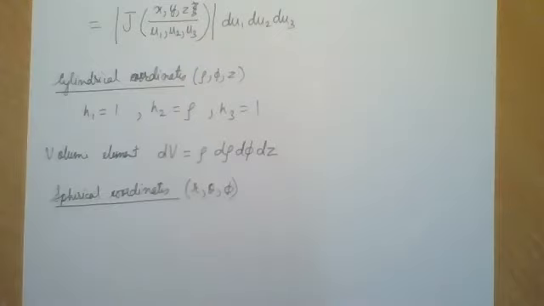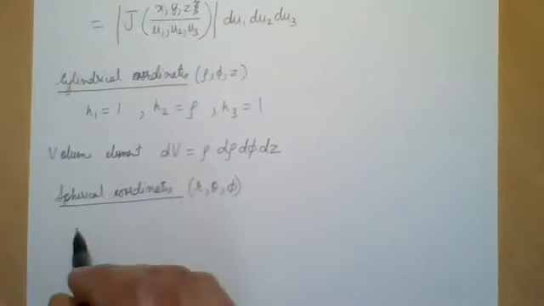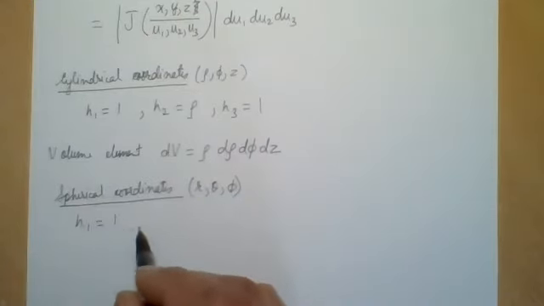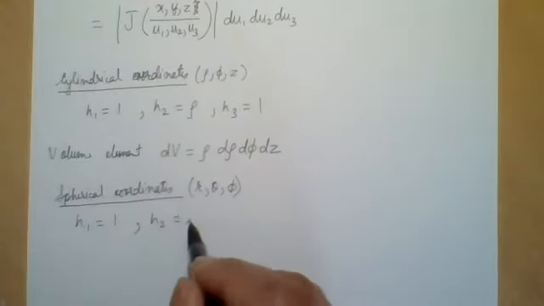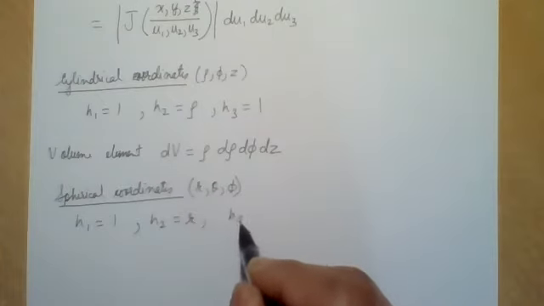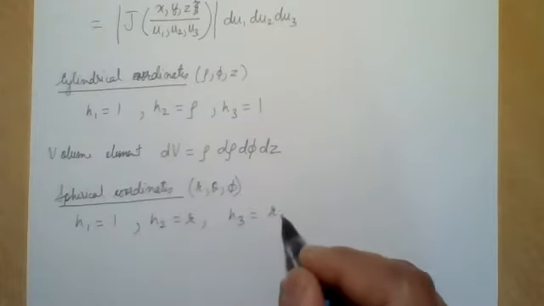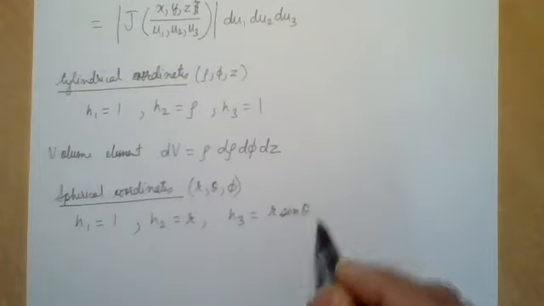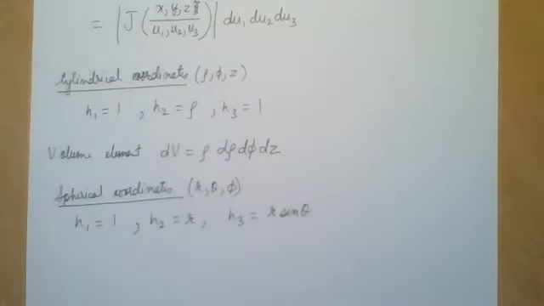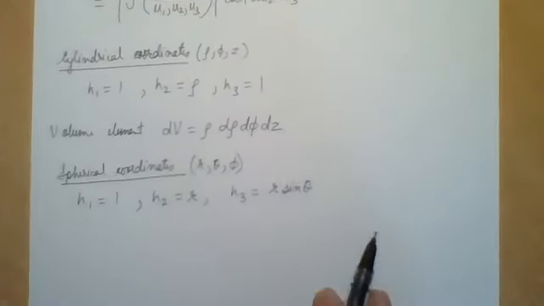What are h1, h2, h3? The scale factors are h1 equal to 1, h2 equal to r, h3 equal to r sine theta. I repeat, h1 equal to 1, h2 equal to r, h3 equal to r sine theta.